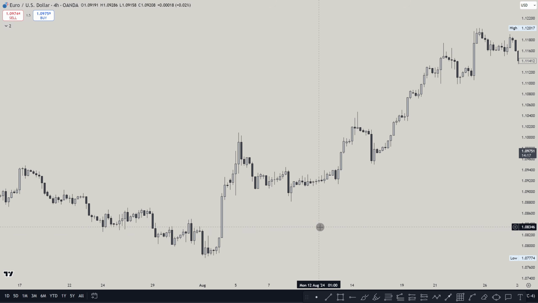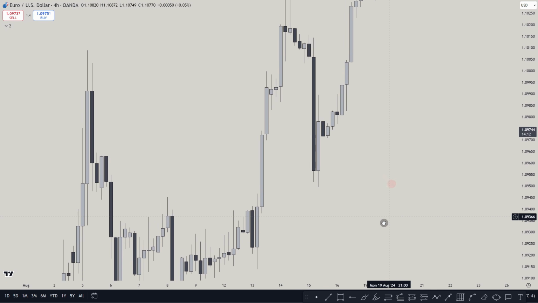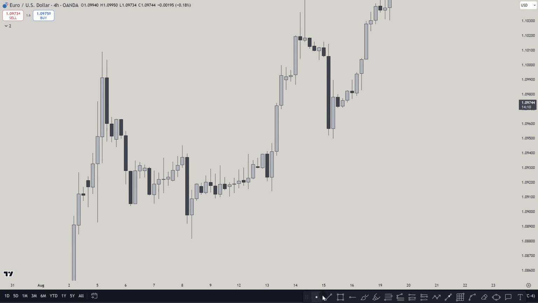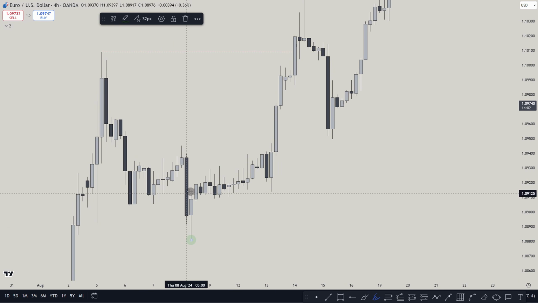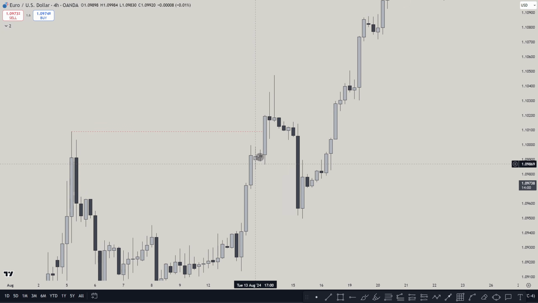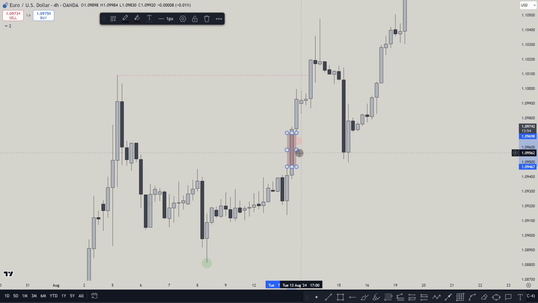So an example of what I want to show you here is, for example, this 4-hour market maker's model. We can see that we are pushing higher here. We get this major breakout structure to the upside, and we have this whole range here. So we have this low here that broke the high, and then we retrace lower. Extreme fair value gap here that can push price higher.